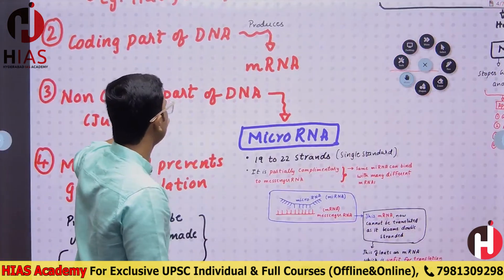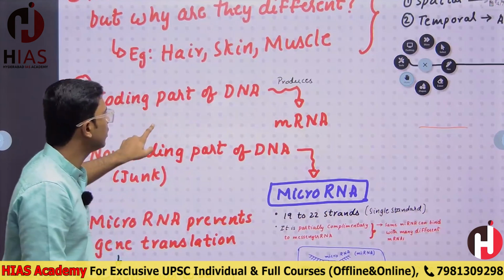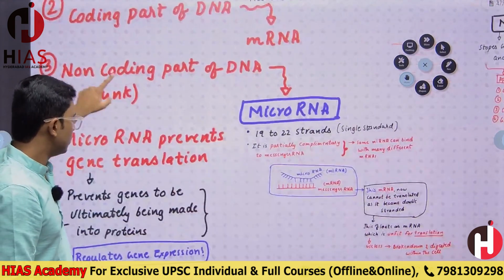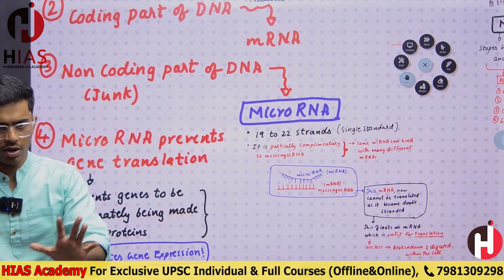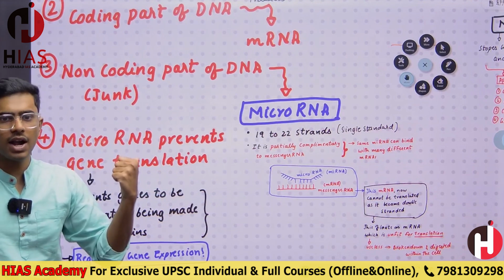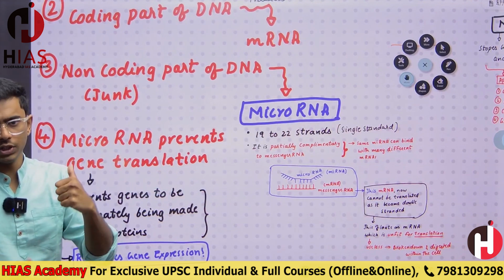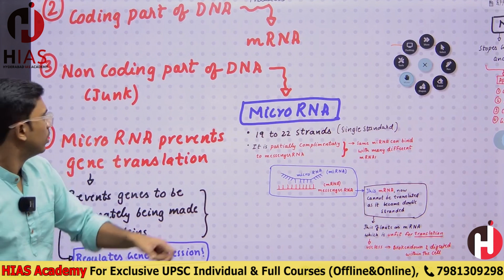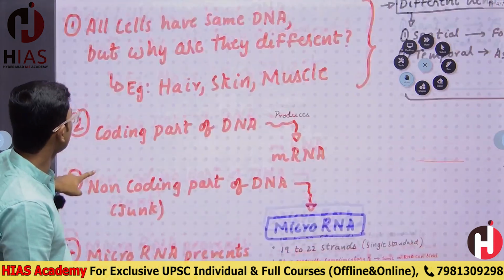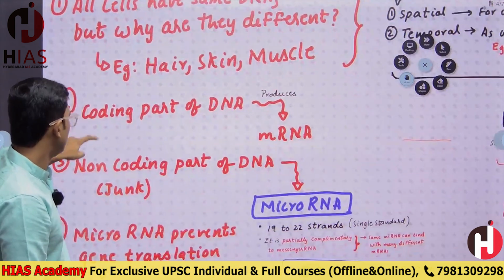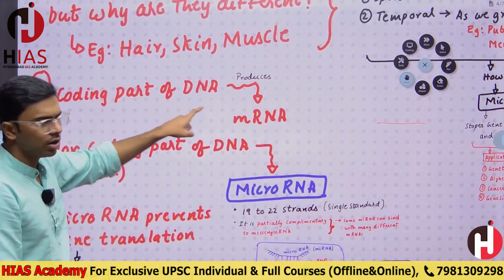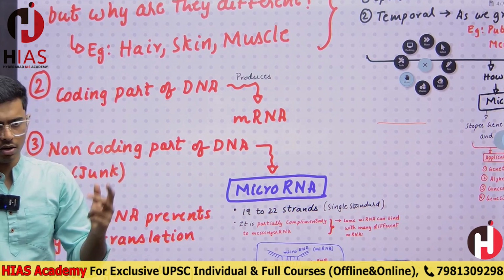First we'll read everything which is here, then it will make more sense, because these notes are needed for UPSC, and what I'm explaining is needed for understanding. Without understanding you can't remember something. So firstly, what is the coding part of DNA?